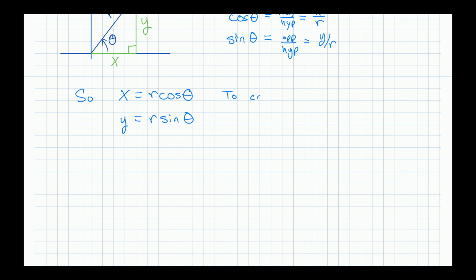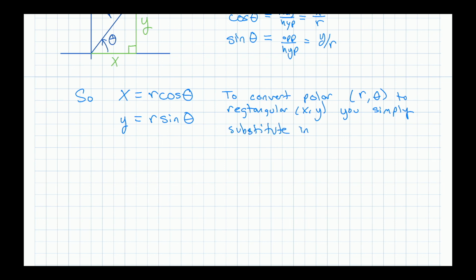So to convert polar r comma theta to rectangular x y, you just put the r and the theta into those equations right there. Substitute in the numbers for r and theta.